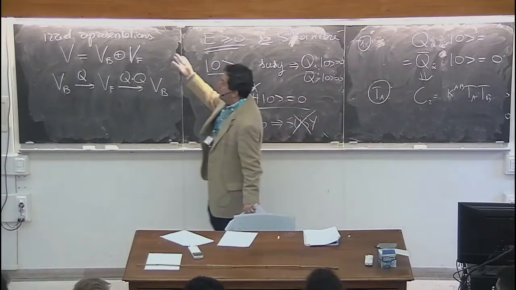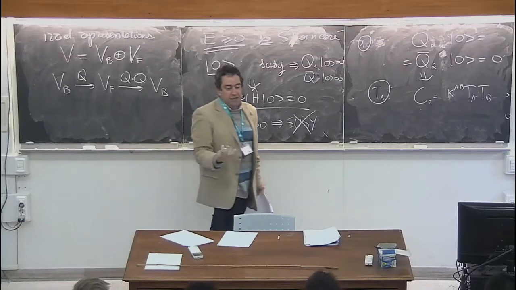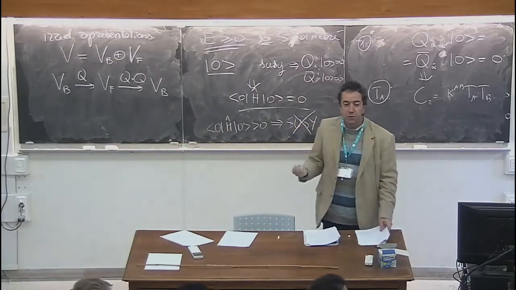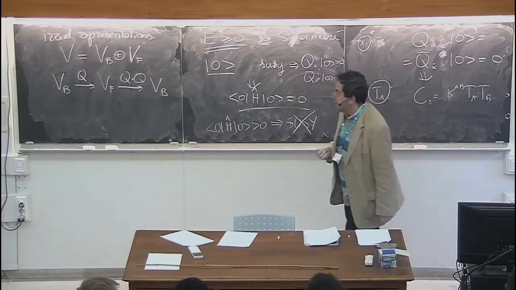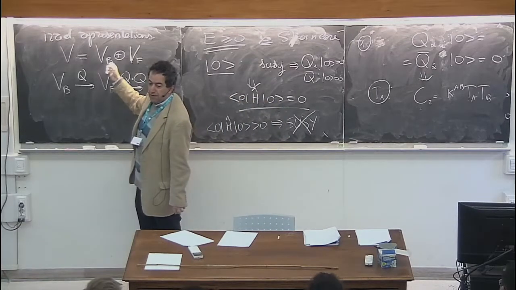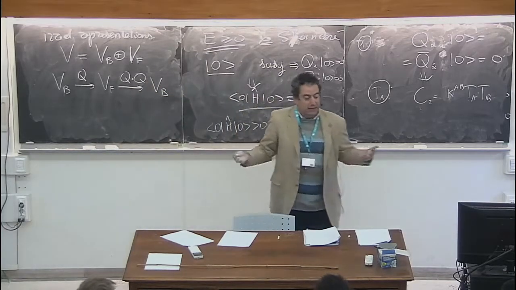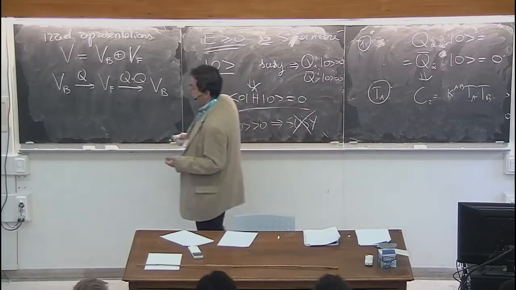So we are now discussing irreducible representation. V is the space of the representation, namely space of states on which the super-Poincare group acts. It splits into a bosonic and a fermionic subspace consisting of bosonic and fermionic states.